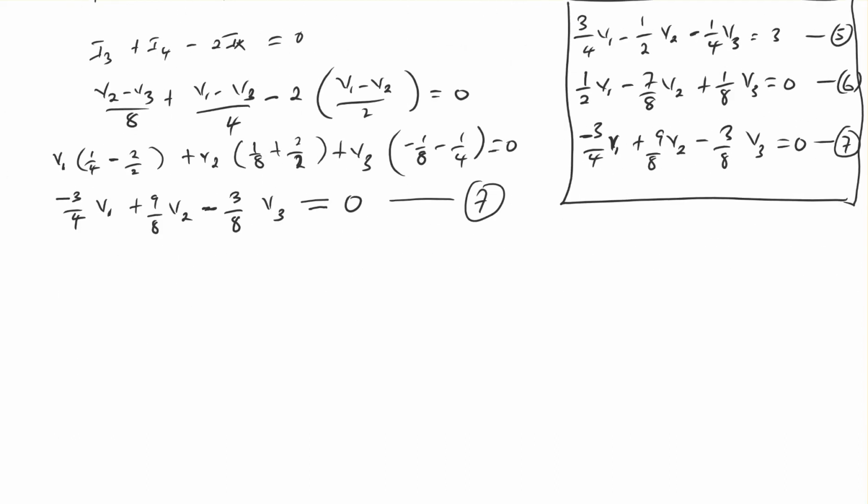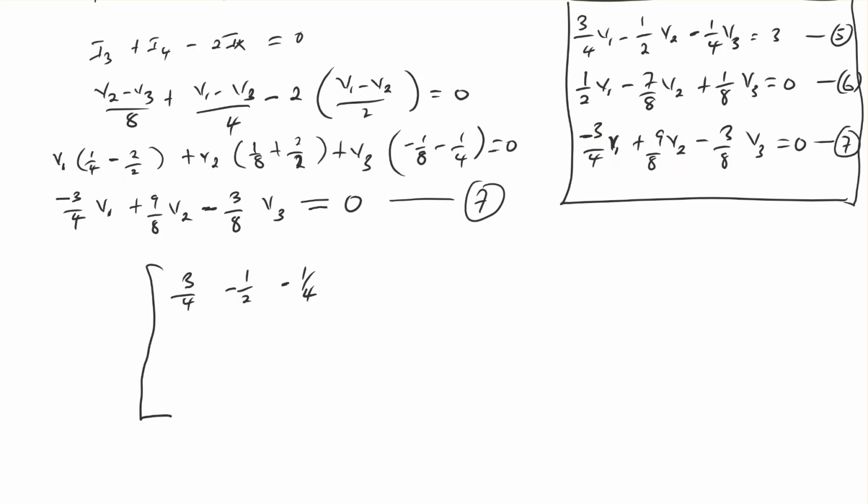We'll be solving them simultaneously, so I'm just going to write it in a matrix form. We have 3 over 4, minus 1 over 2, minus 1 over 4 here, right?